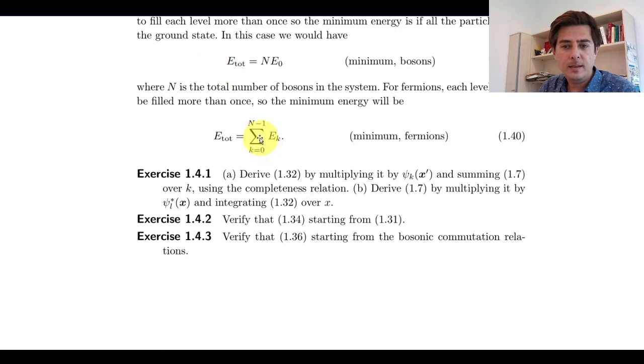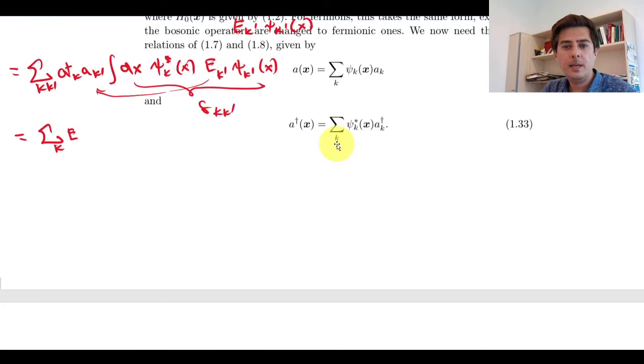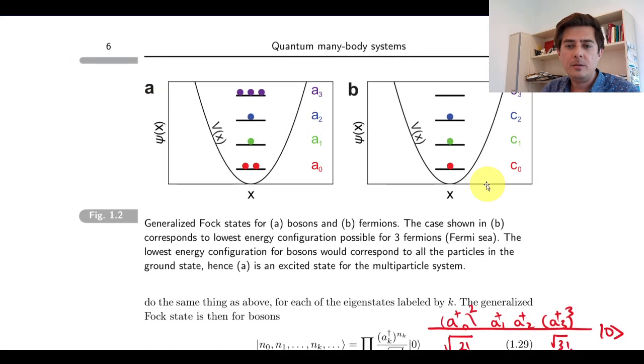And for fermions, because you can't put all the atoms in the same energy state, what you need to do is, say you had n atoms, you would first put one in the lowest energy state, because that's obviously the optimal configuration. And then the second atom you would have to put in the second lowest energy state, the third atom you put in the third lowest energy state, and so forth.